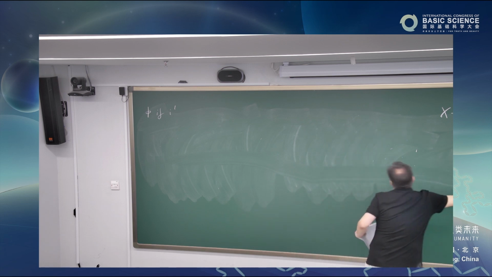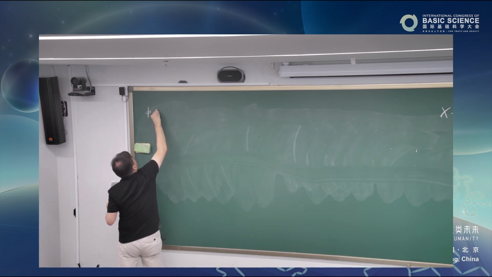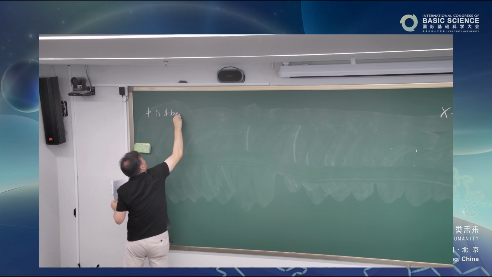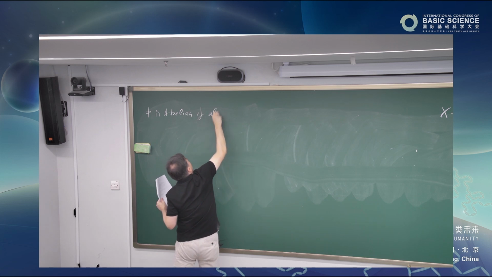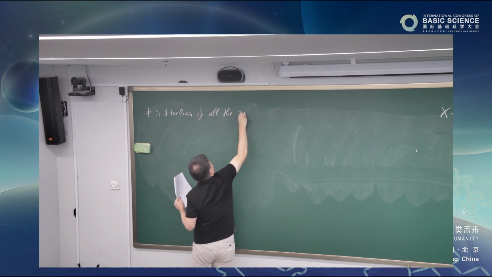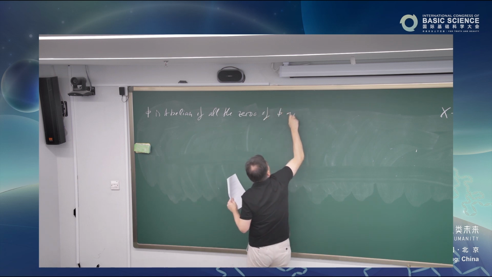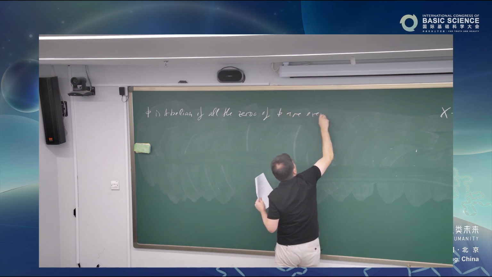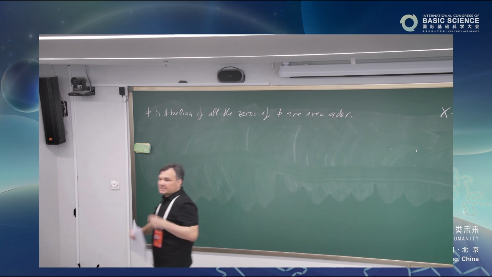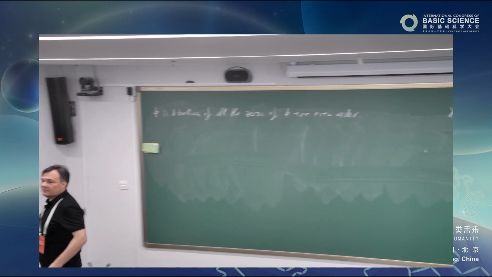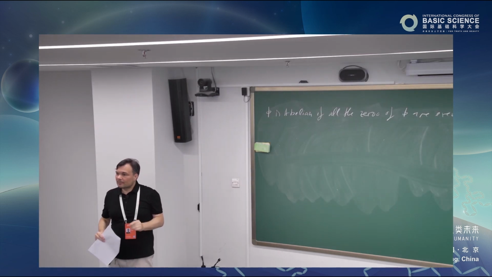Let me put it this way: phi is abelian if all the zeros of phi are of even order. This does not essentially mean that it's a square of an abelian differential, but it's very close to it. So let's just agree here that abelian means this.